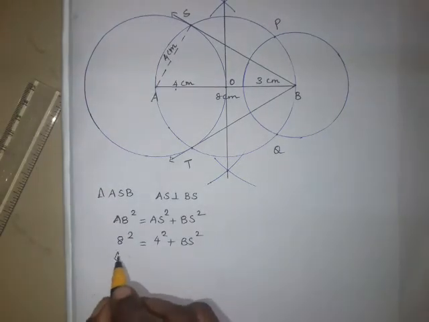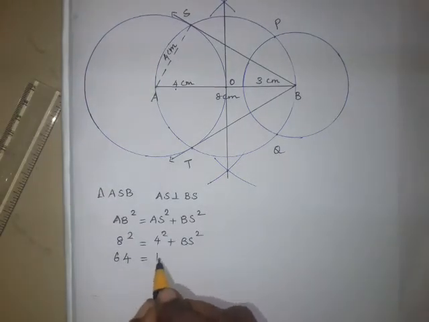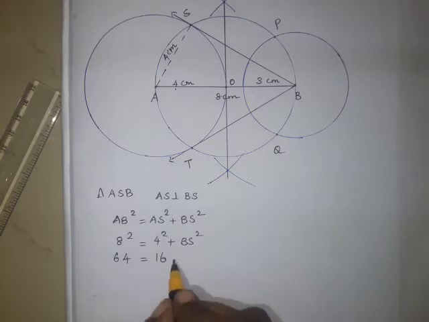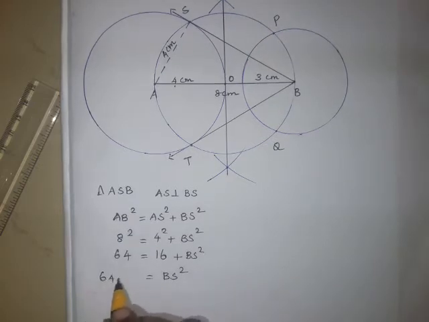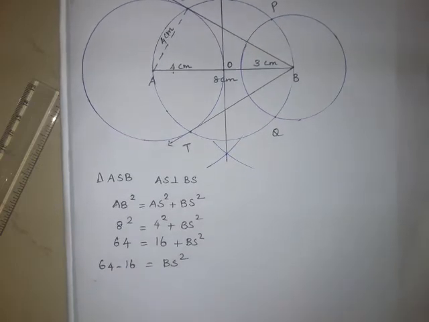Now 8 8s are 64, 4 4s are 16, BS squared. So BS squared equals 64 minus 16. Okay, BS squared equals 48.